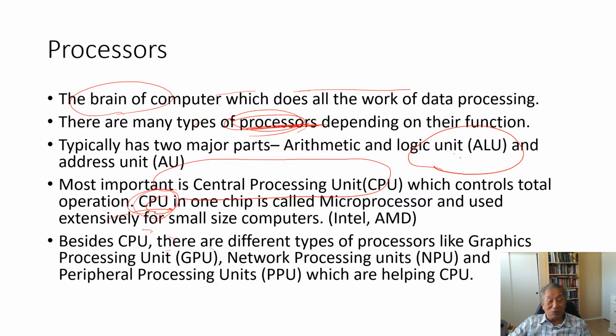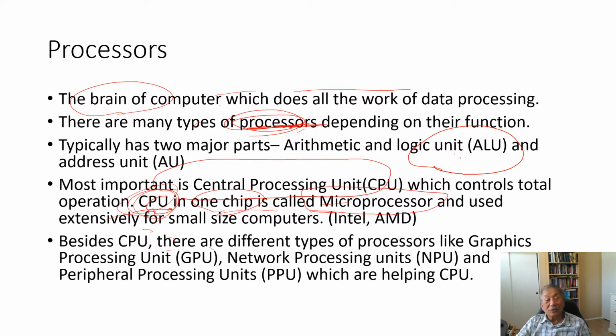I'll show you a picture in a minute. But somehow the technology changed, and they could put all that complex circuit into one small chip. That one CPU on one chip is called a microprocessor.